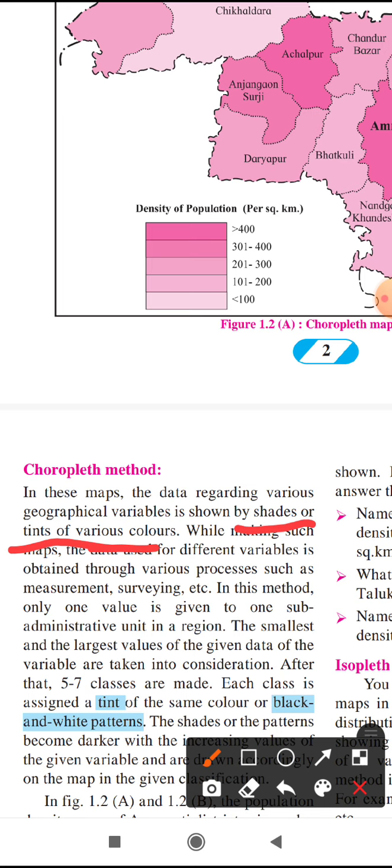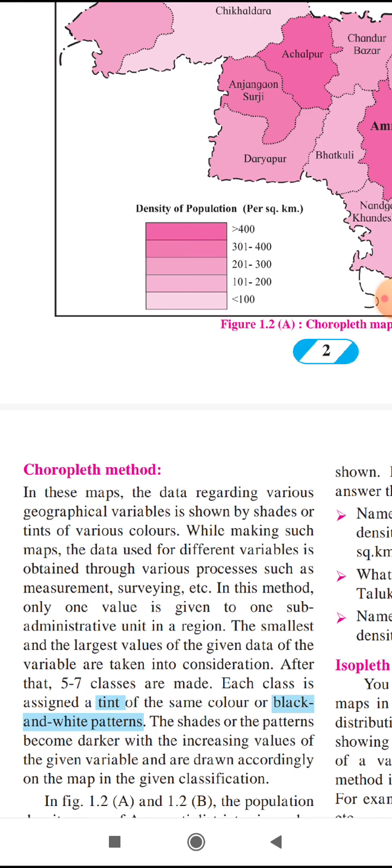That means if you take any one color, the shades of it are made from lighter to darker, and these shades are used while using the Choropleth method.